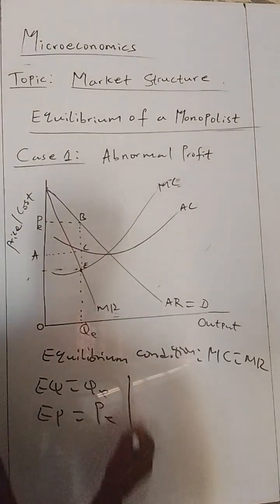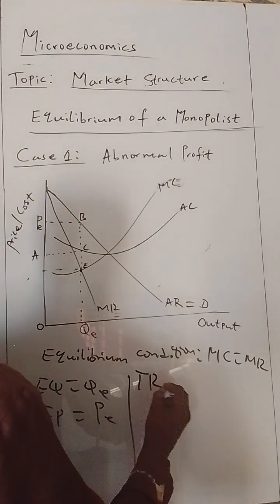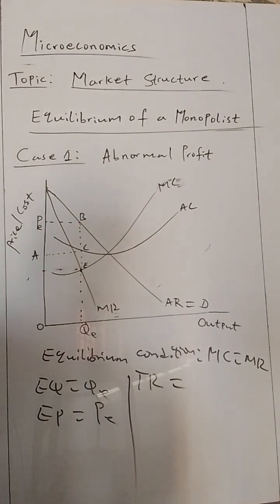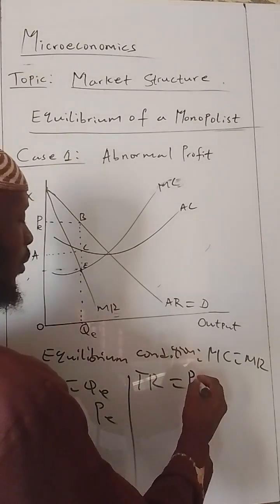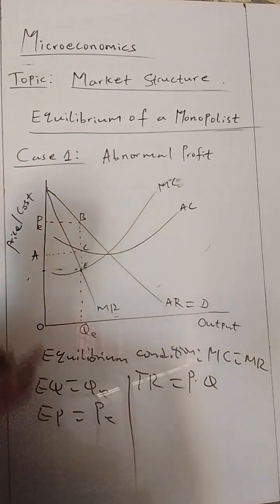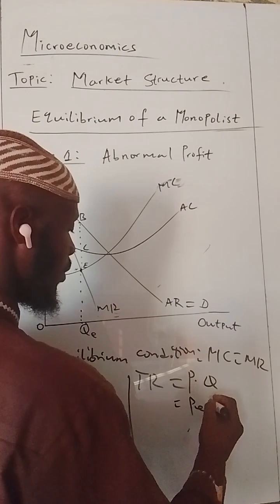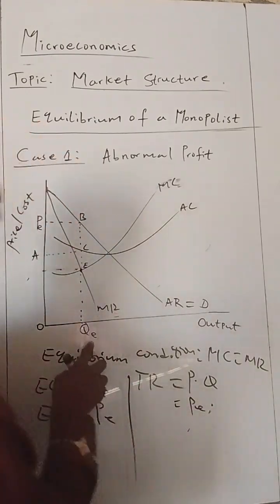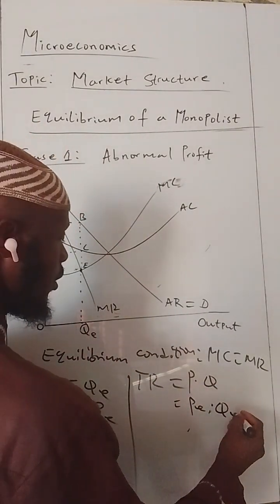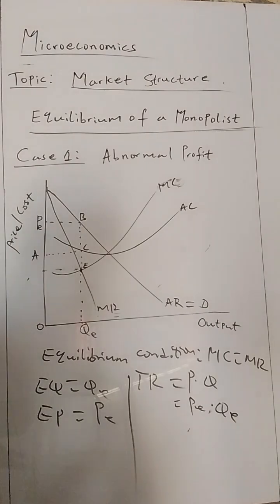Now, how do you determine the total revenue of this firm? Generally we know total revenue, TR, is simply P times Q. So here, the equilibrium price we got is PE, multiplied by the equilibrium quantity we got, QE. This represents the firm's total revenue.